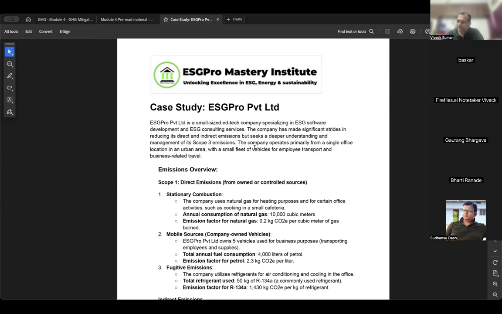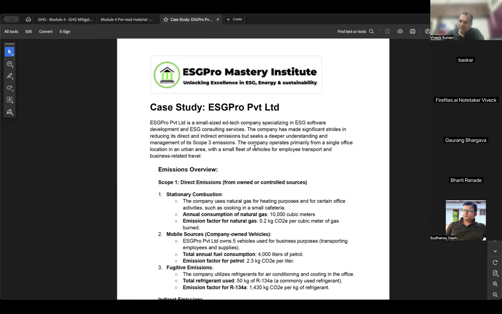They can give us data, but they don't have any ESG expert. So the first thing is operational boundaries. If they have branches or offices, they will come under it. Absolutely, it's operational.